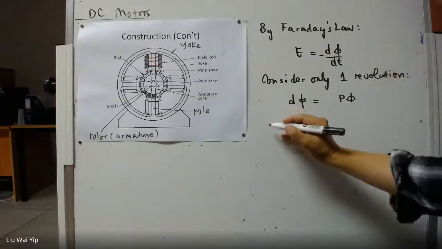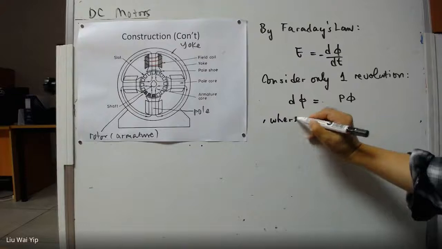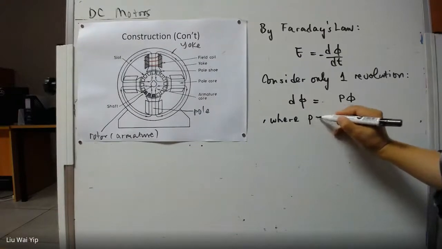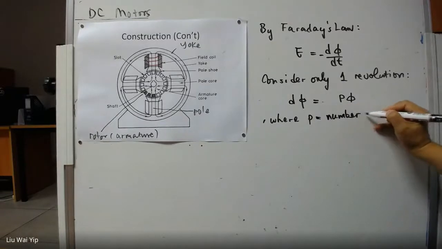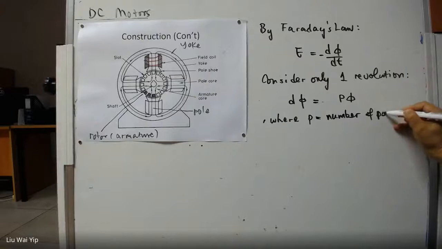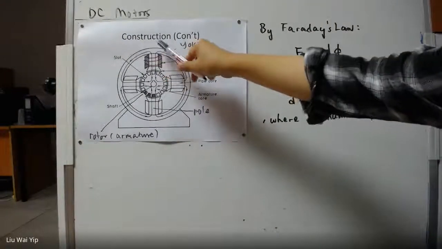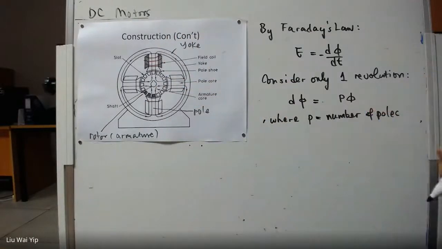So now let's write down where P is the number of poles. Here the number of poles is 4: 1, 2, 3, 4.